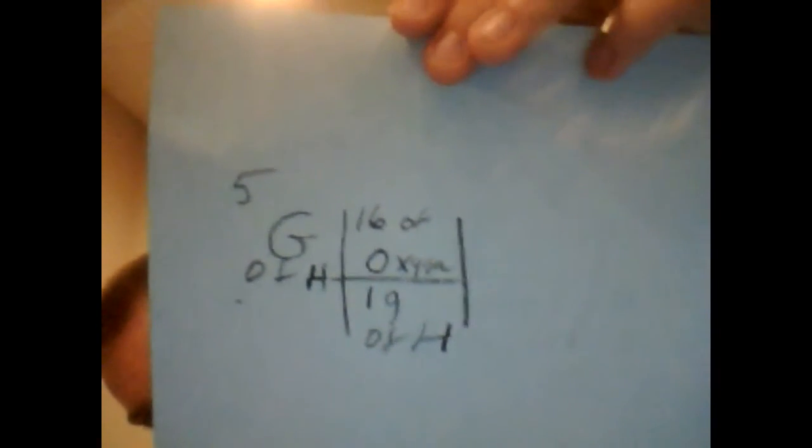Say our molar mass is just oxygen. Our molar mass of oxygen is going to be 15.999. We can just round that. So I would put 16 of oxygen. You can put 16 of oxygen or 16 of O, as so.